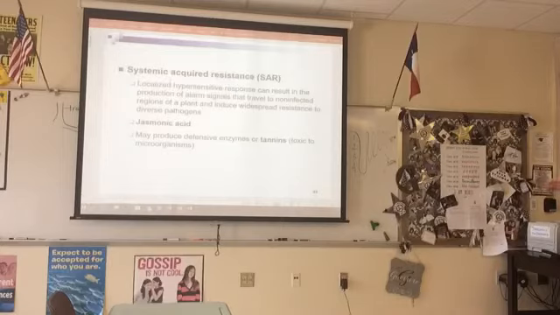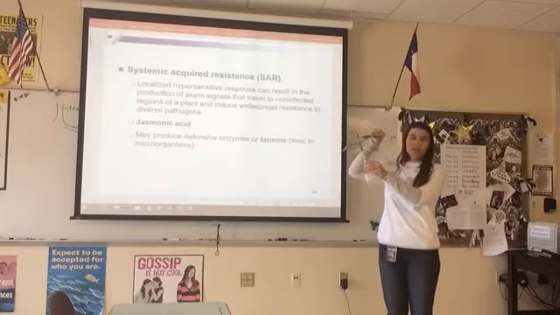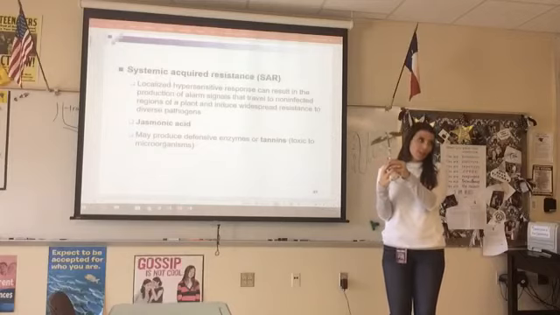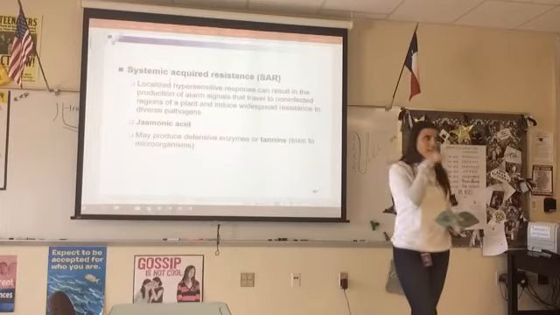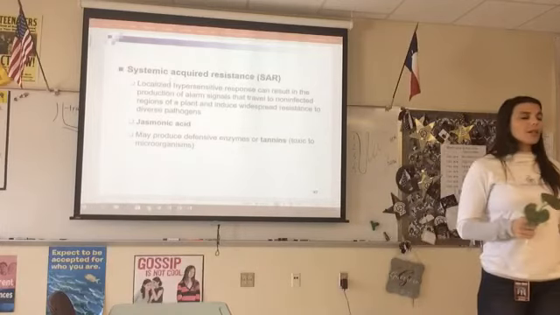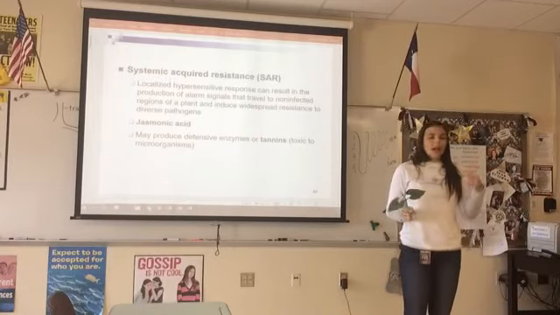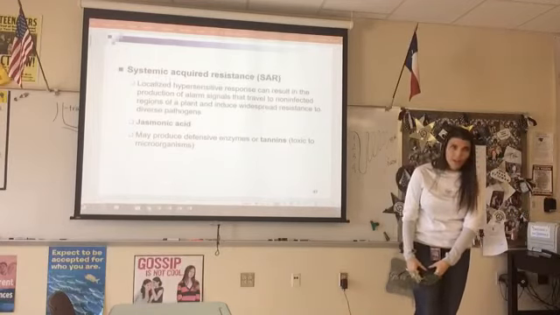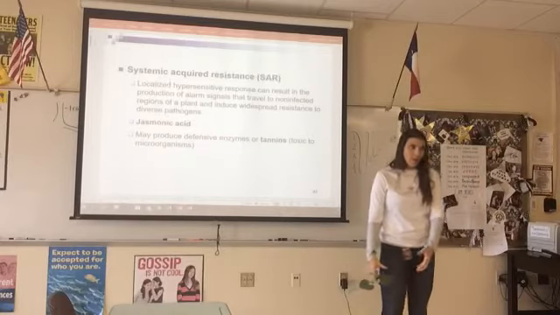Do you remember how I said when the plant, if this leaf gets eaten or bit, then it will tell the rest of the plant to shut down? That's what this is. But let me dissect the word for you. The first word is systemic. If you and I have an infection in our leg, and it's just in our leg, we call that a local infection.